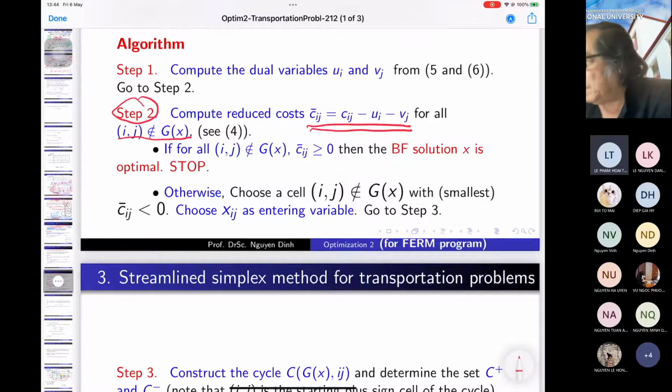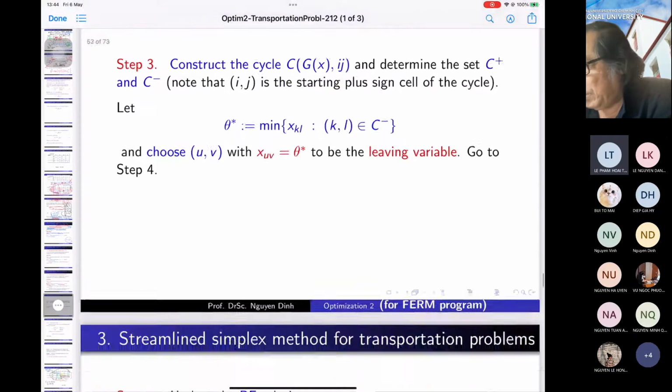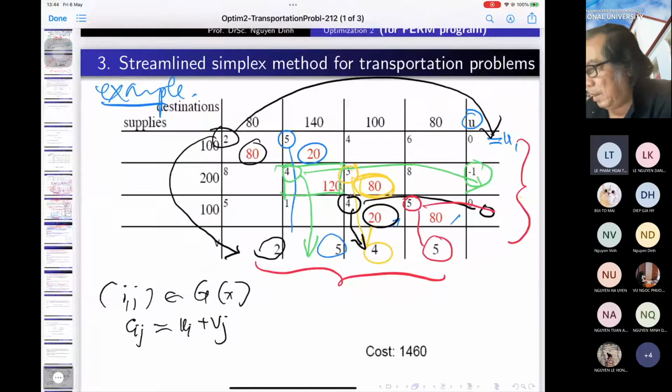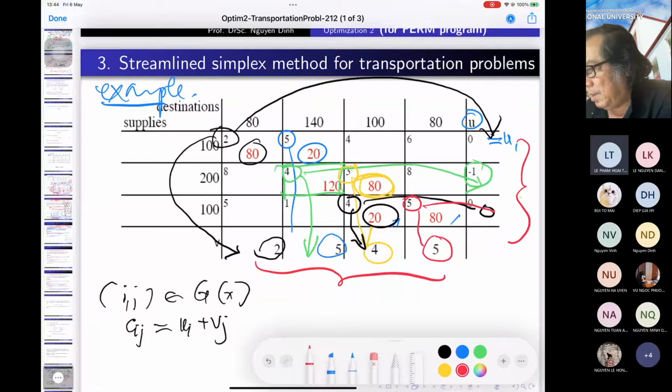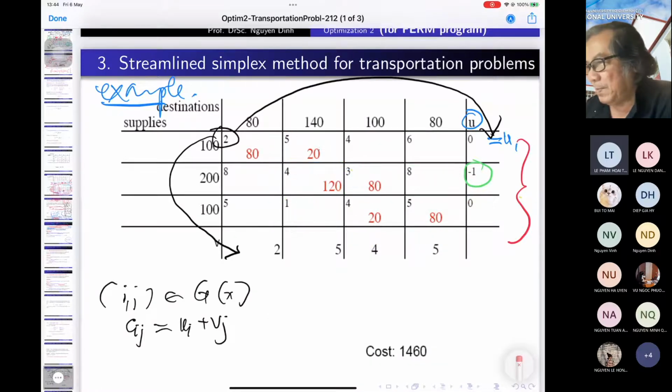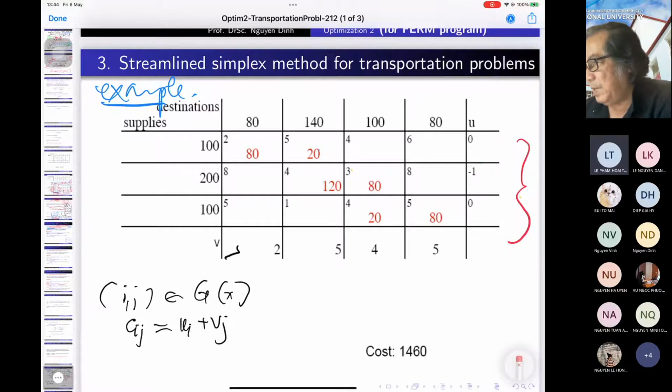Okay, so now we need to calculate this one. I have to delete all of the numbers here, so we have UI and VJ.